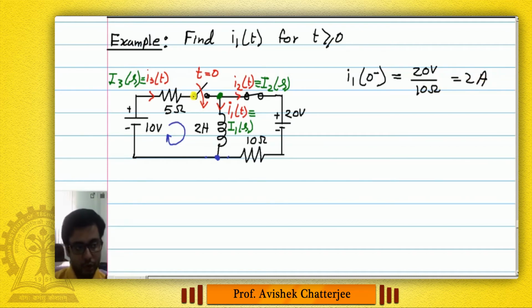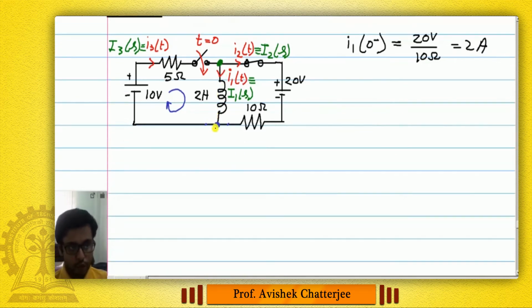Now when this switch is closed, already there is some current here, but this battery will also drive extra current through this inductor, and therefore this current will increase, but it cannot increase rapidly, it will increase gradually.